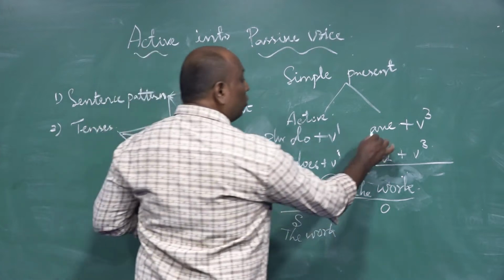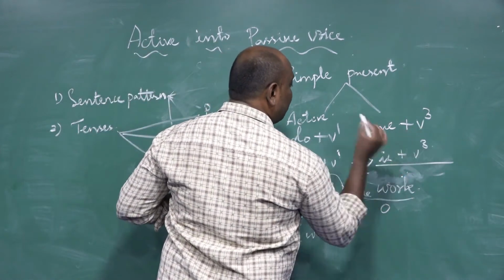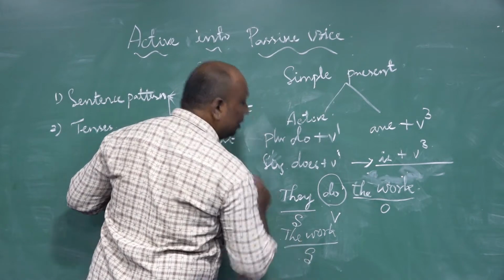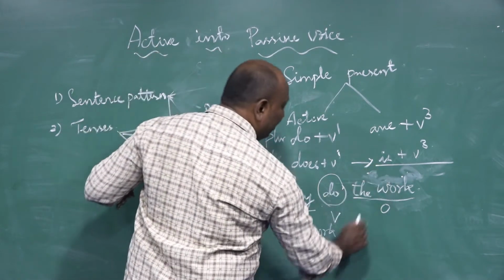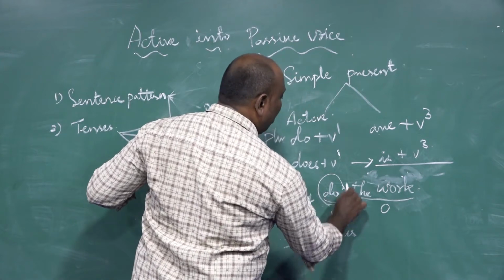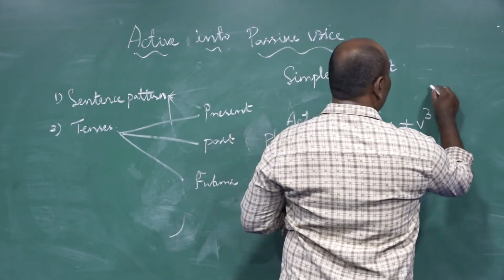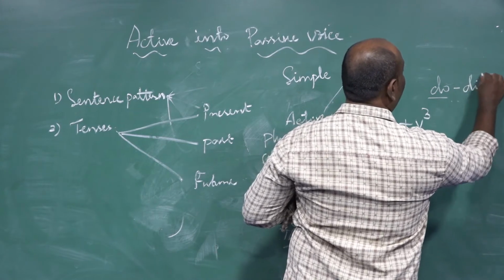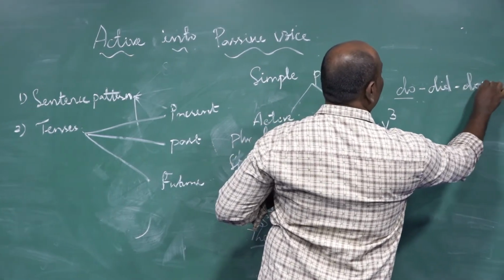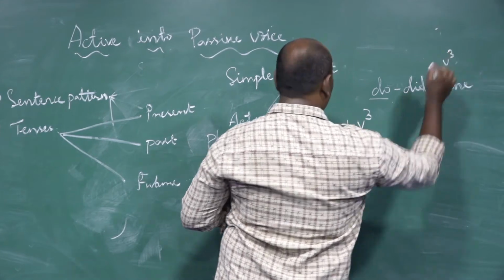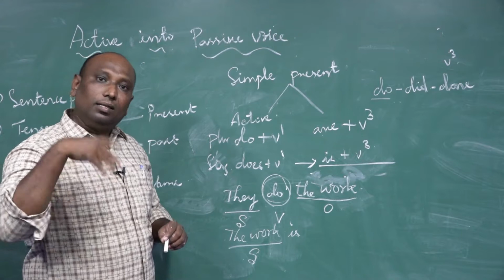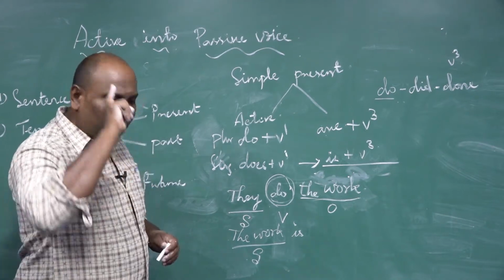What is required to write the passive? "Are" or "is." We have to underline the subject. It is a singular subject, so we go with "is." And we have to write the third form of the verb. What is that? Do, did, done. So you have to write the third form. In the passive voice, the main verb should always be in the third form, whatever the tense.